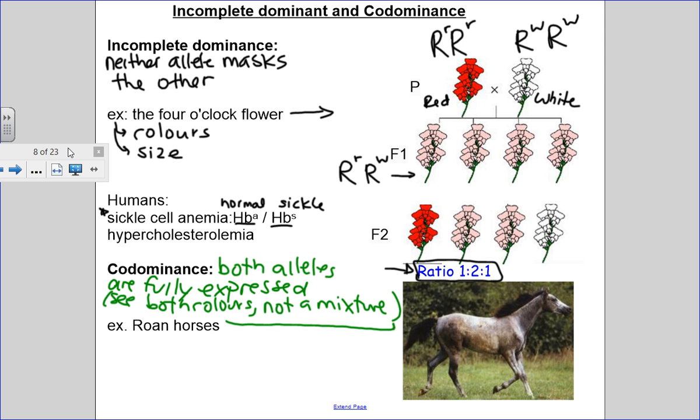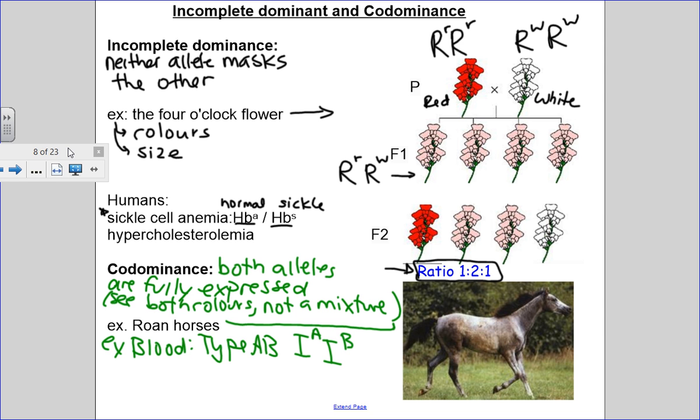In codominance, the best example I could give you in humans would be blood type. If you are blood type AB, it means that you have the allele for blood type A and the allele for blood type B. So your alleles look like this.